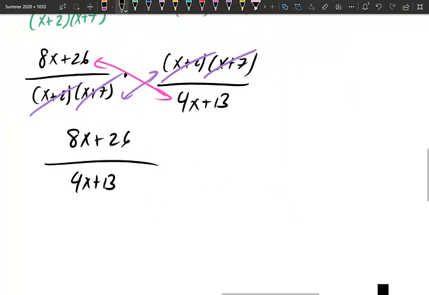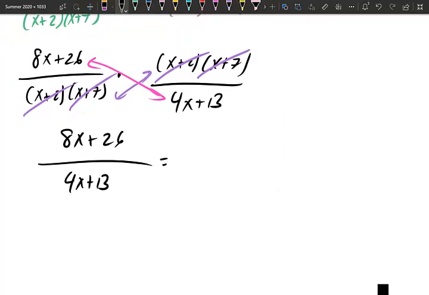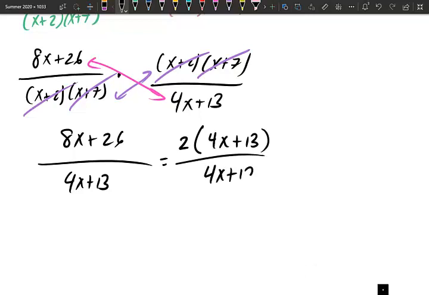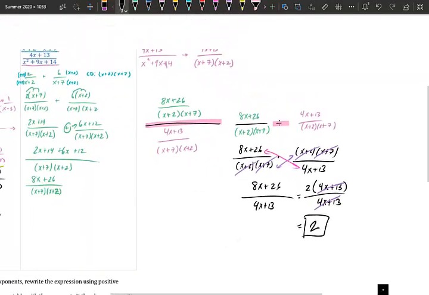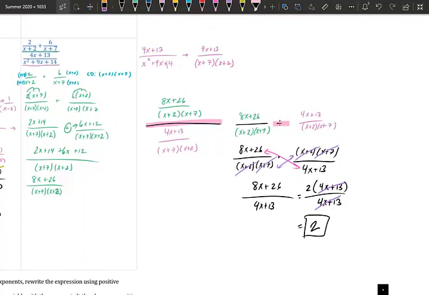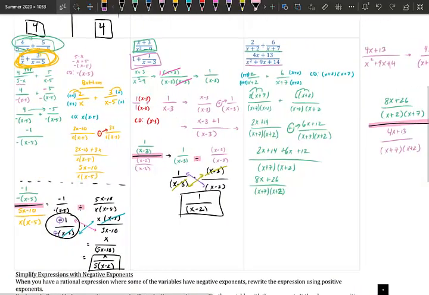On top, we can take a 2 out. If we take a 2 out, we're left with 4x plus 13. See what happened? So we can cancel those out now, and all we're left with is 2. After all of that, we're left with 2. I think it's fun.